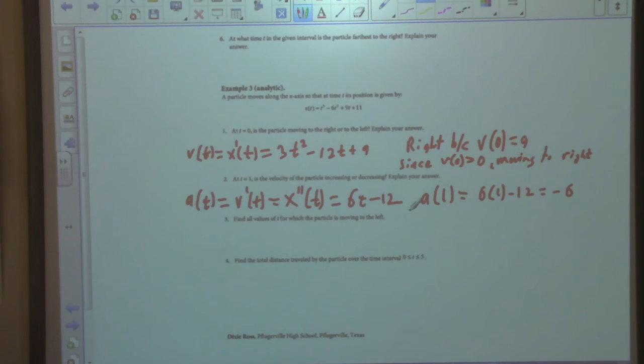So how do we articulate this? Since a of 1 is less than 0, velocity is decreasing, right?